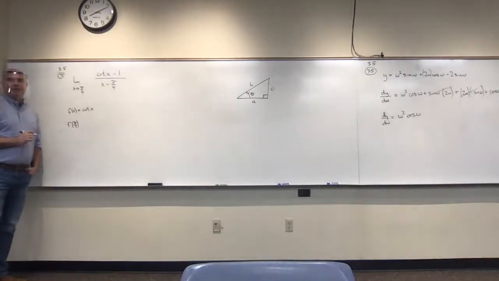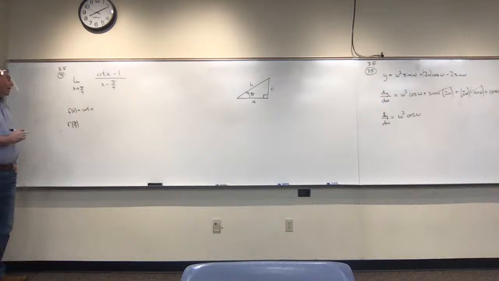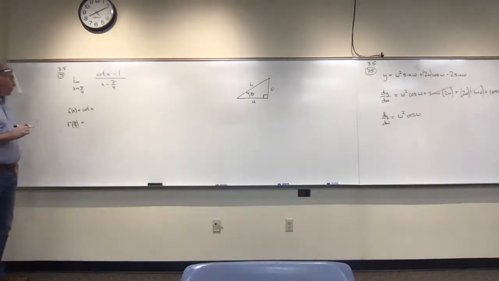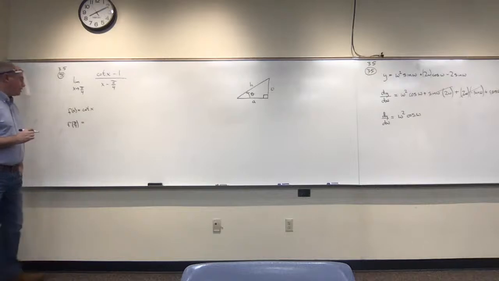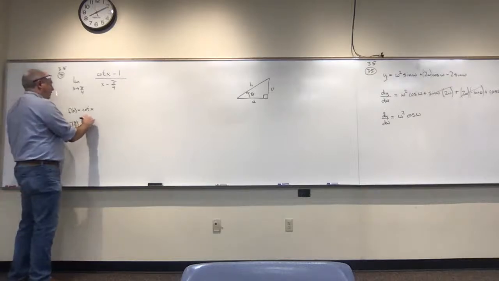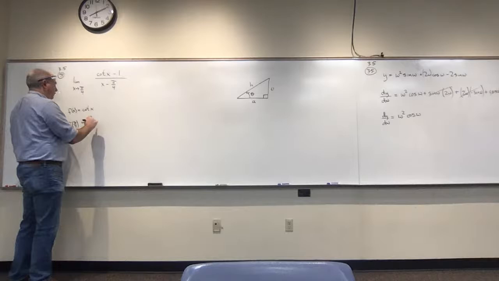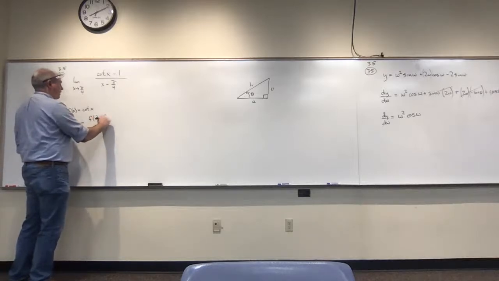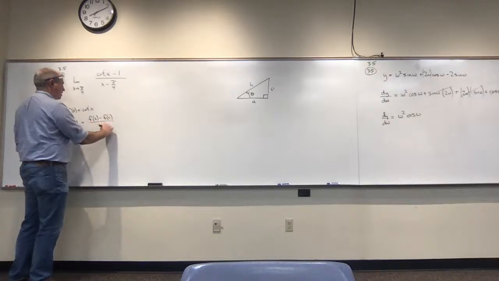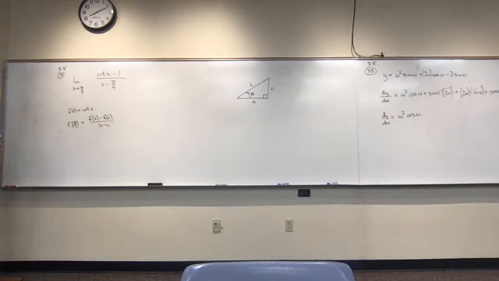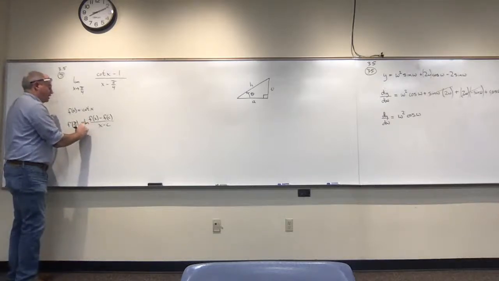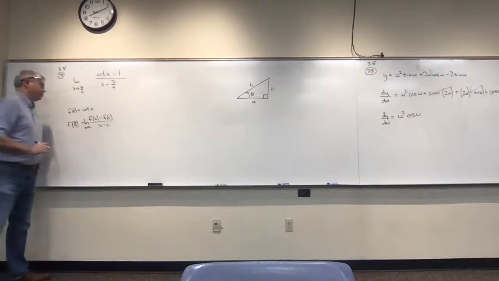Right? That's the question. And there are different ways to write derivatives. But one of the ways to write a derivative is f of x minus f of c over x minus c, the limit as x goes to c of that.